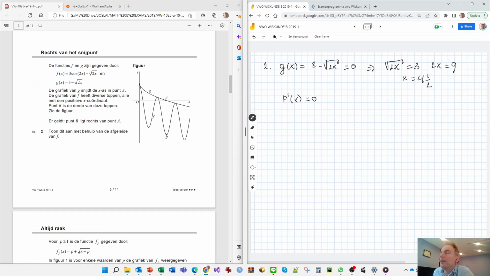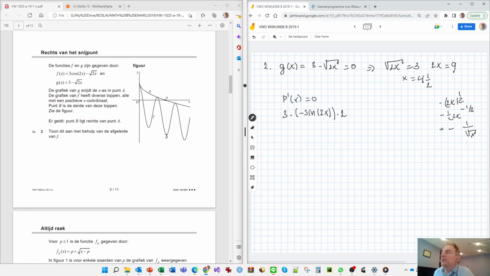That's 3 times minus the sine 2x, so that's application of the chain rule, times 2, and then we have 2x to the power minus 1/2, so I get minus 1/2 times 2x to the minus, which is minus 1 over the square root of x. That's not pretty.